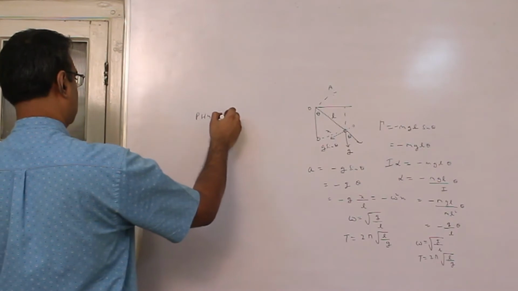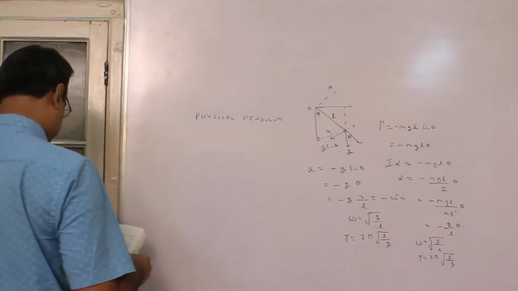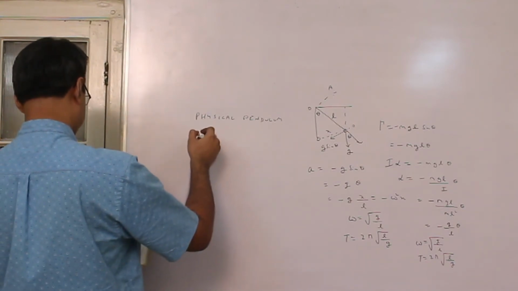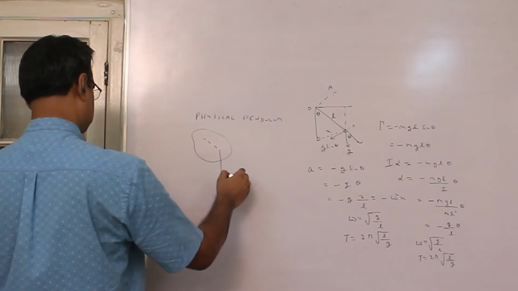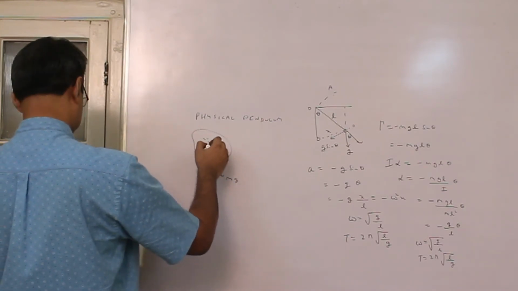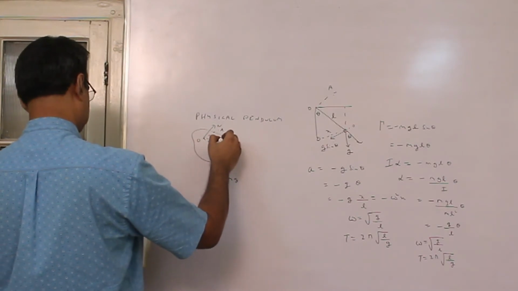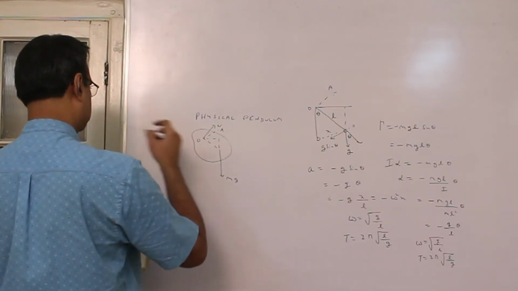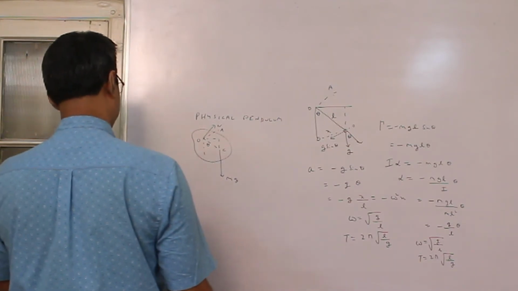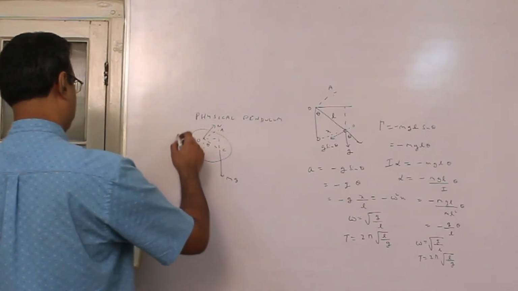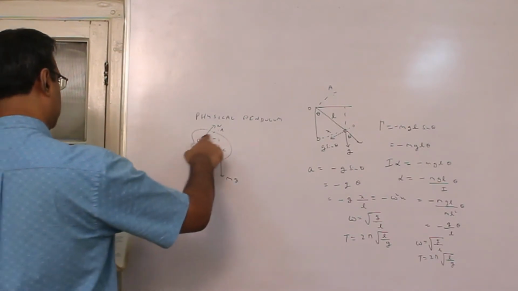Then we come to physical pendulum. In a physical pendulum, instead of a string and a bob, we have a body in which O is the suspension point, mg is the weight of the body, OA is the axis of rotation.